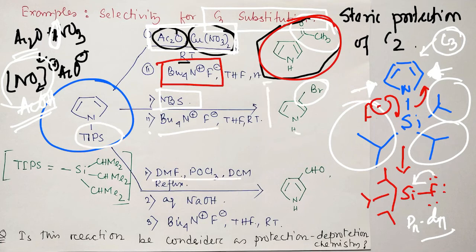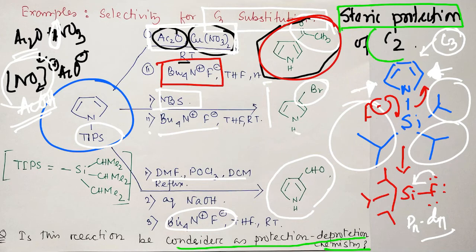Even DMF, POCl3, DCM, this is a Vilsmeier-Haack reaction. So similarly, after this step, meaning quaternary ammonium fluoride, we get this. So a question comes, can we consider this thing as protection-deprotection chemistry? Obviously yes. Why? Because first of all, we are providing protection, better to say steric protection of the C2 position.